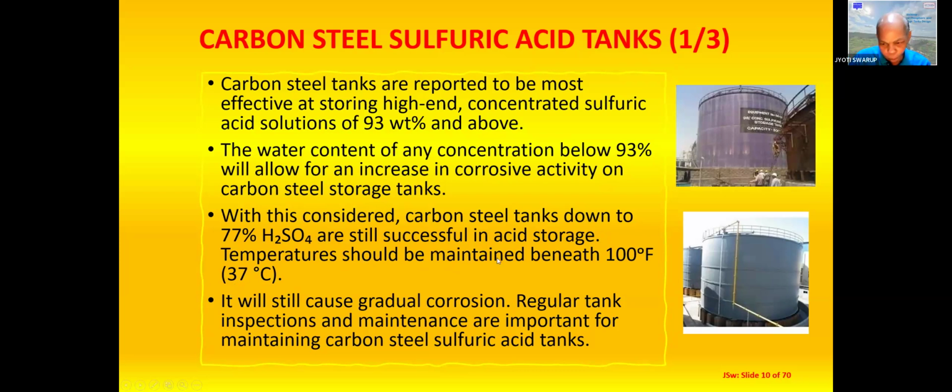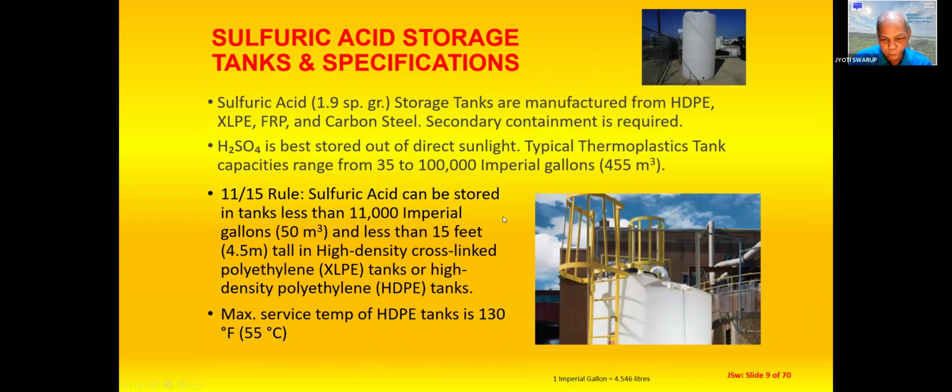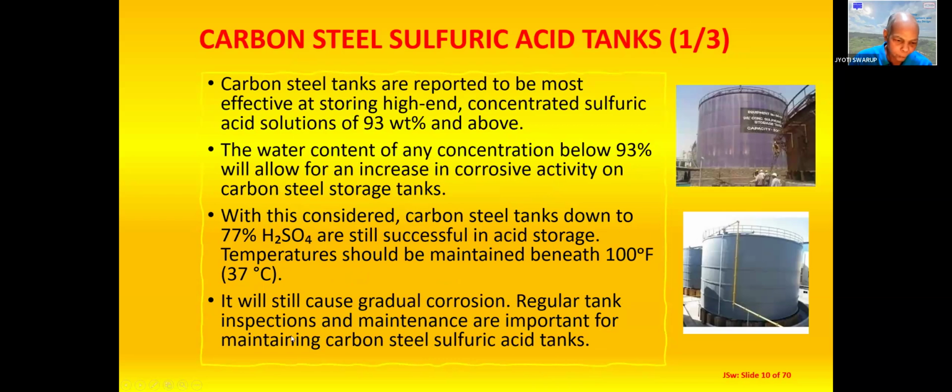So tank corrosion is taken for granted in tanks with a concentration of, say, 77 to 93%. That means the tanks have to be regularly monitored to make sure the corrosion does not exceed the extent where it starts creating a problem. It will still cause gradual corrosion. Regular tank inspections and maintenance are important for maintaining carbon steel sulfuric acid tanks.